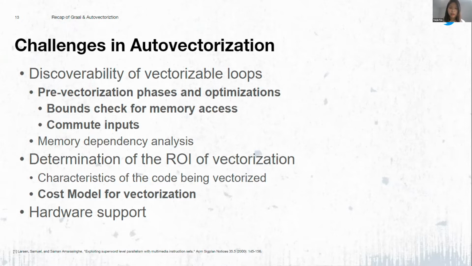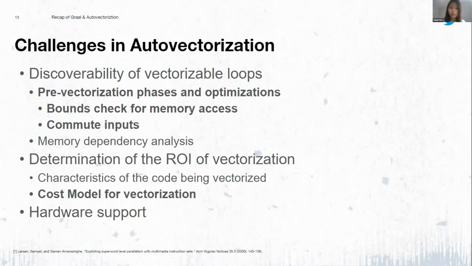For example, the bounds check for memory access, or a pre-vectorization phase that tries to commute inputs. Those will unexpectedly prevent autovectorization from being applied.